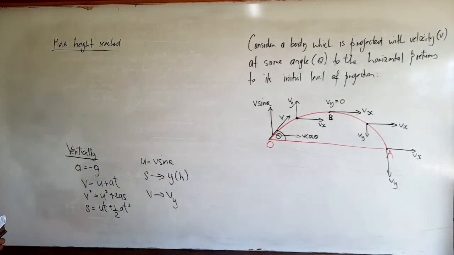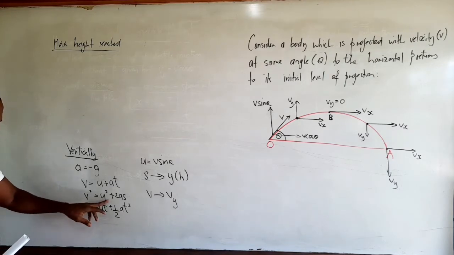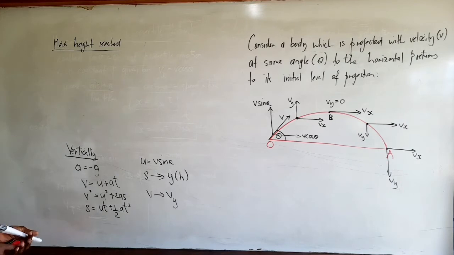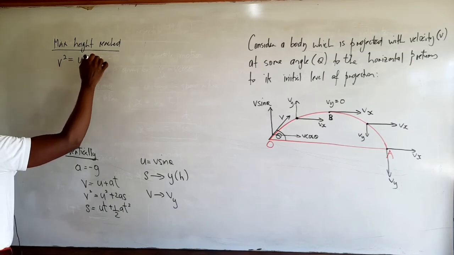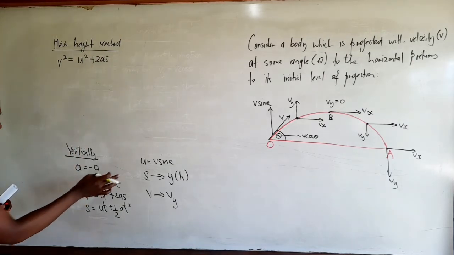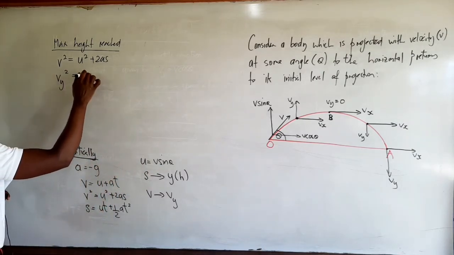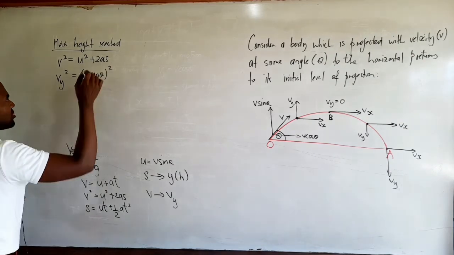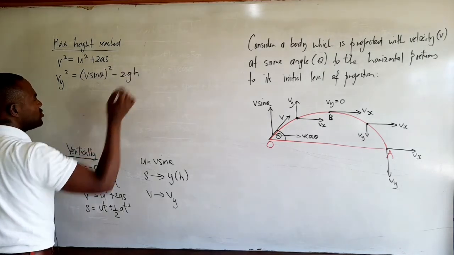Now, let's look at one of those equations. In this case, what we want to find is the maximum height. So we must also use an equation which includes distance or displacement. That equation is v squared equals u squared plus 2as. But since we made these changes, this equation becomes vy squared is equal to (v sine theta) all squared, and a is equal to minus g, so this becomes minus 2gh.